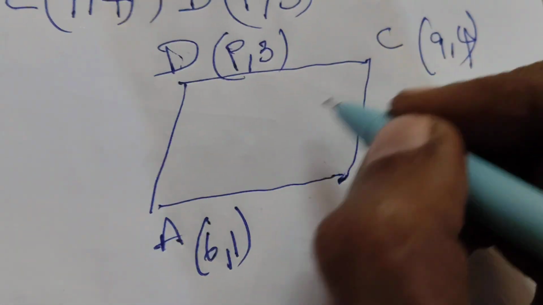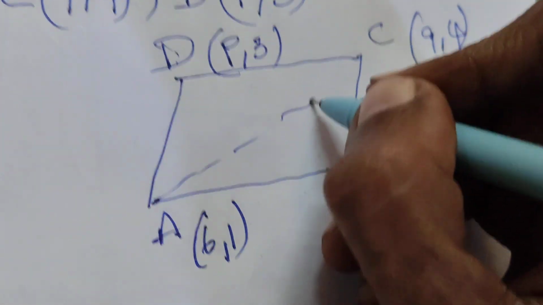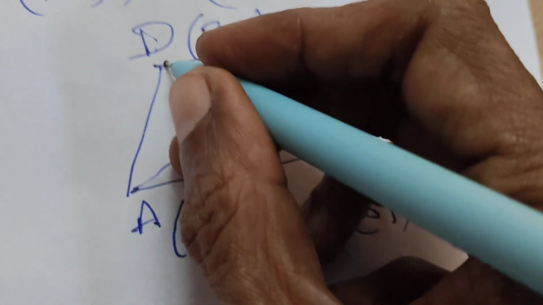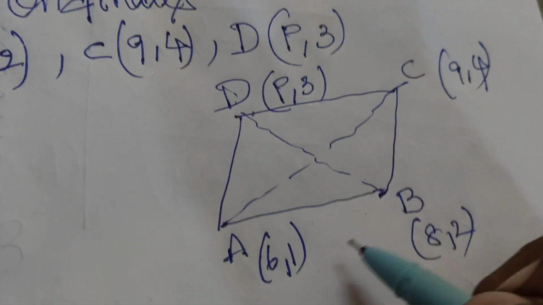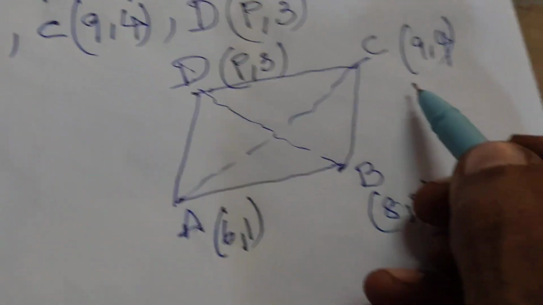In this parallelogram, AC is one diagonal and BD is the other diagonal. These four coordinate points satisfy the vertices of a parallelogram, so we find the value of p.